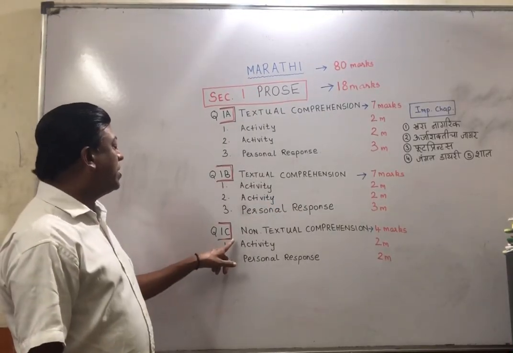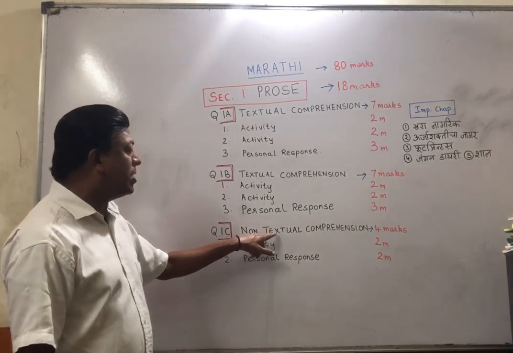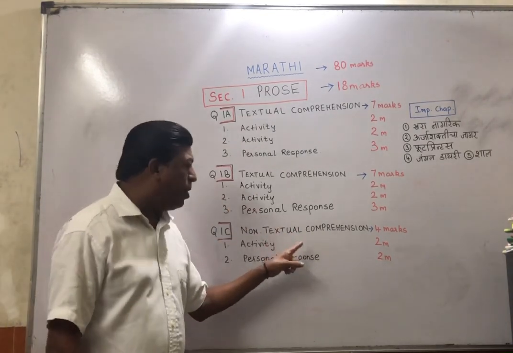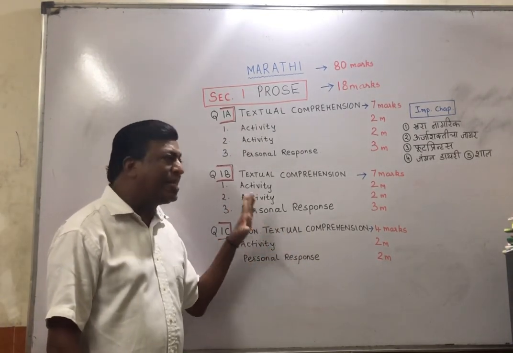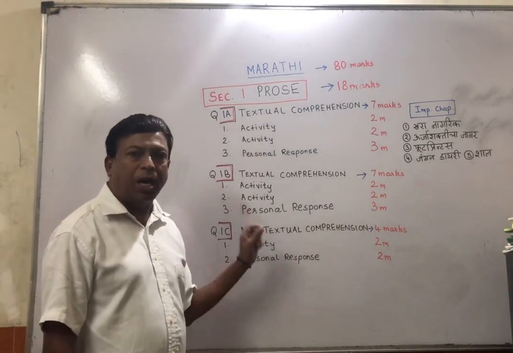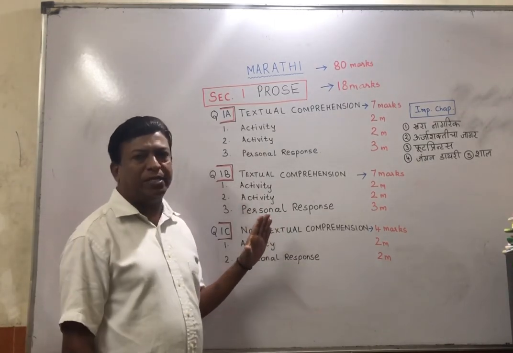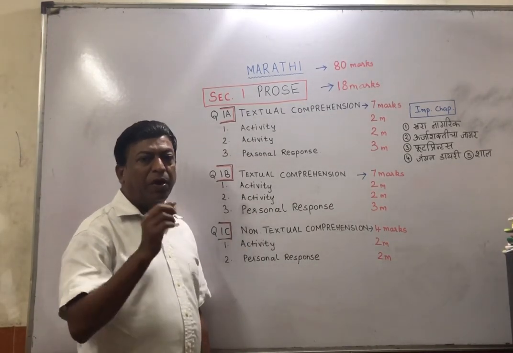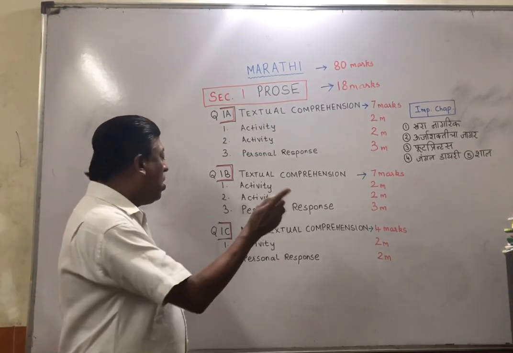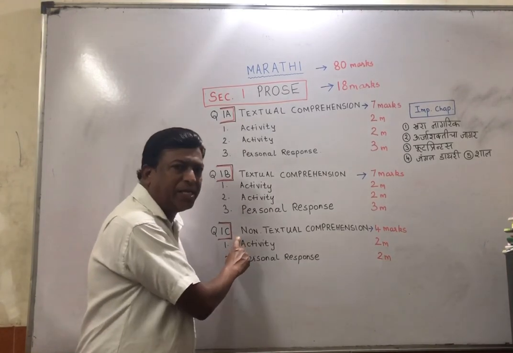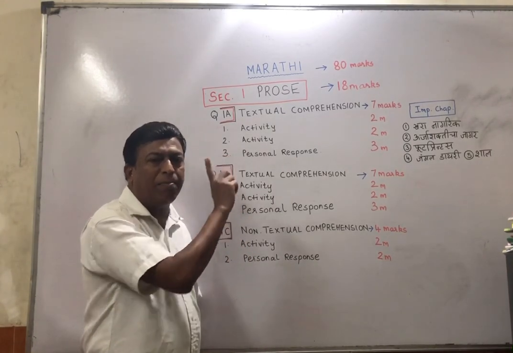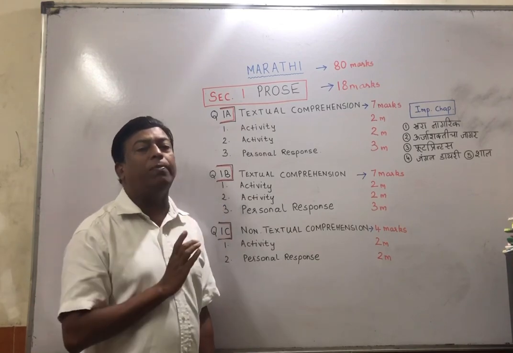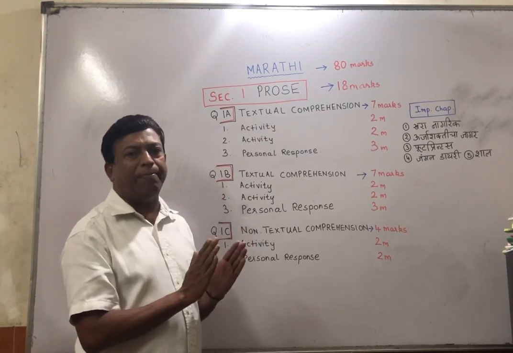Now when you are doing question number 1C, the non-textual comprehension, remember when you are doing this passage, please understand this passage thoroughly. Understand what this passage is all about. Because in section 5, if you don't understand the letter, you have to convert this 1C in question number 5A into summary writing, if you are not attempting the letter.